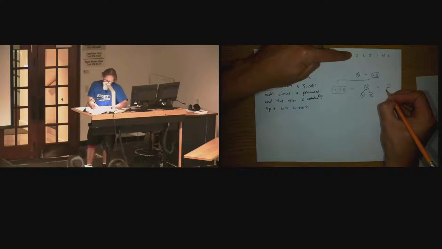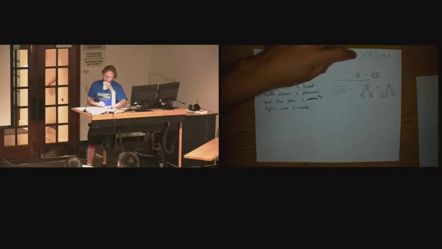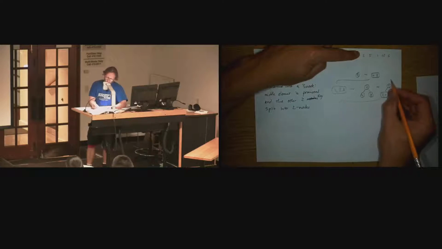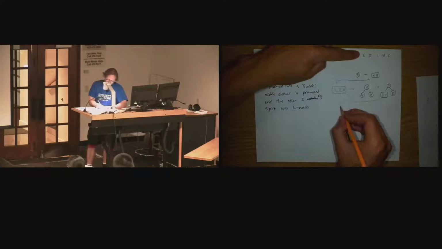7, 3, and 4 are now in a 2-node, and 8 is unaffected. Now let's insert 2. Okay? 2 comes into 7. It goes down to the left, and this is a leaf, so we end up inserting it here temporarily.